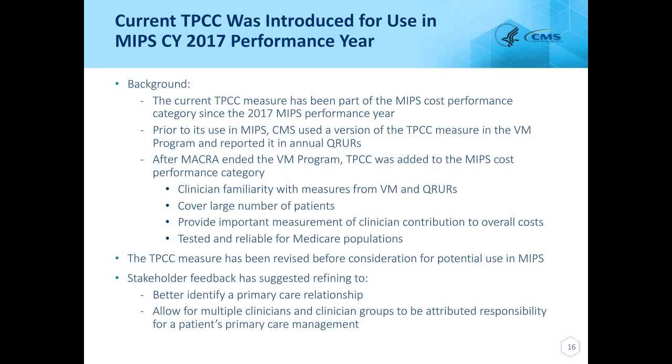Prior to MIPS, CMS had used a version of this measure in the value modifier program that some of you will be familiar with, and it's been reported in the annual quality and resource use reports, the QRURs. After MACRA ended the VM program, the TPCC measure was added to the MIPS cost category for a variety of reasons, and some of those are listed here.